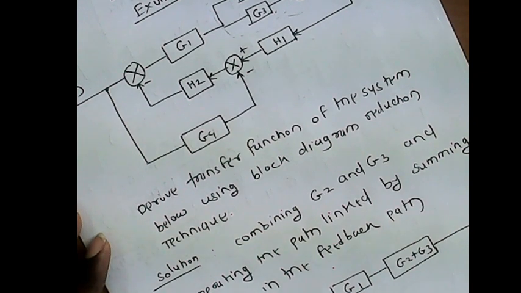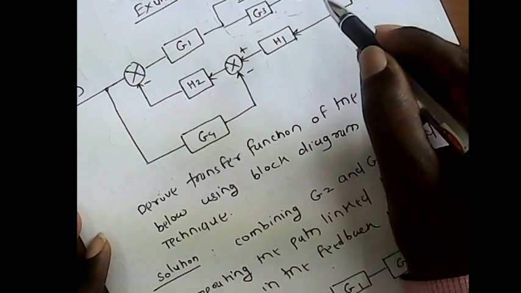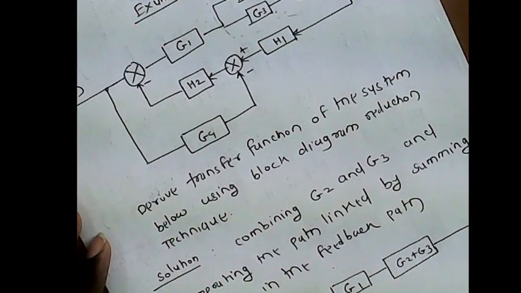So we can separate. We can combine first the feedback paths H1 and H2, so that is to be obtained like this from here.